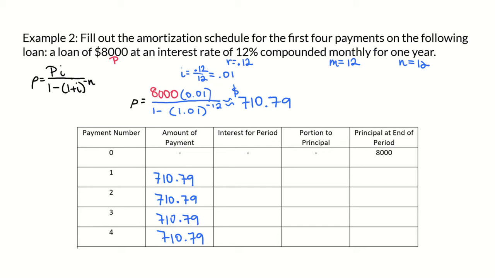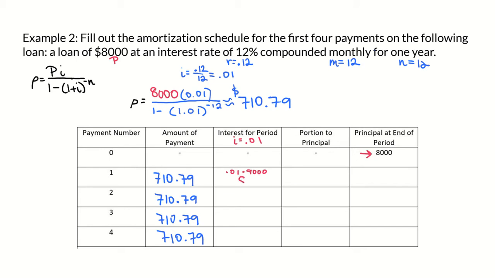So now in the schedule, the interest percentage for each period is the same. 0.01 is the rate, but the interest per period would be that rate per period multiplied by the principal at the end of the previous period. So the interest for this first period would be 0.01 multiplied by 8,000.